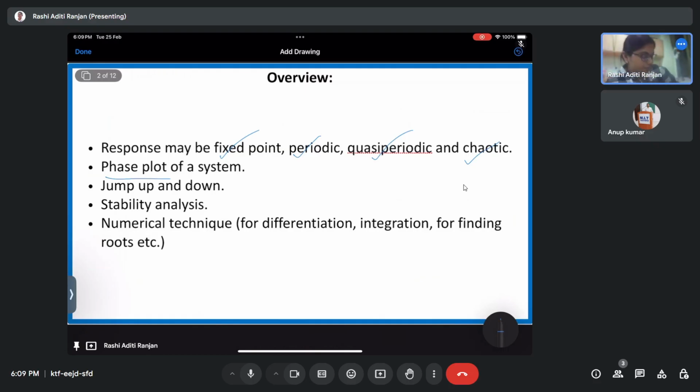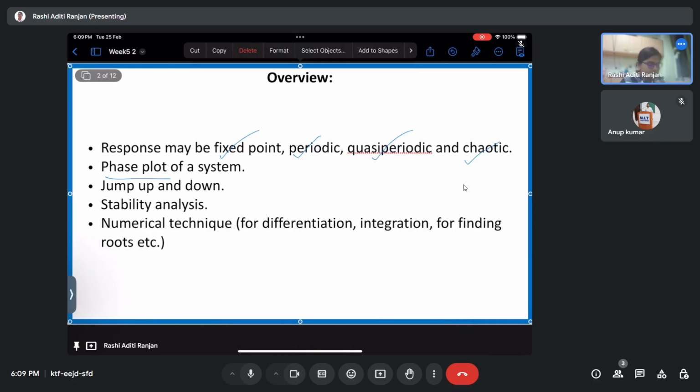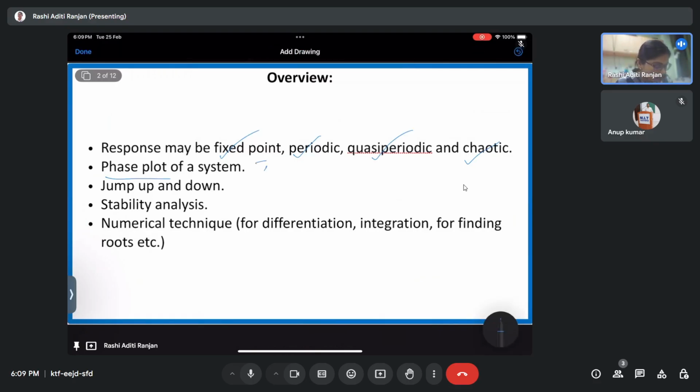Yes, so if I would like to talk about how would I represent my system visually? There were three things essentially: time response, phase plot, and Poincare section.